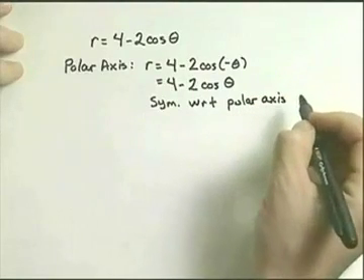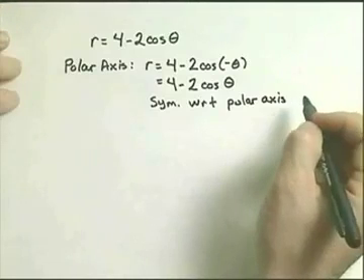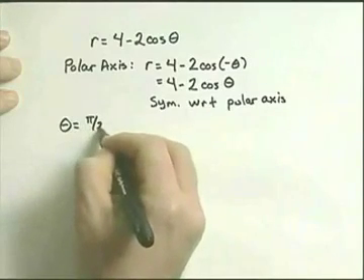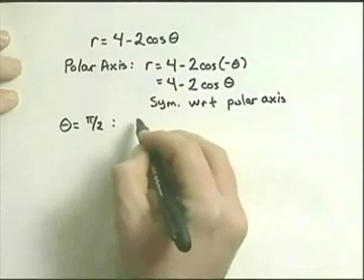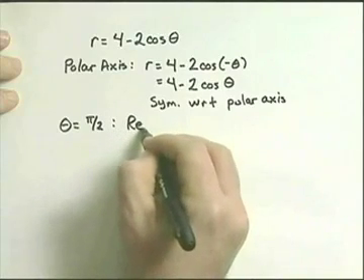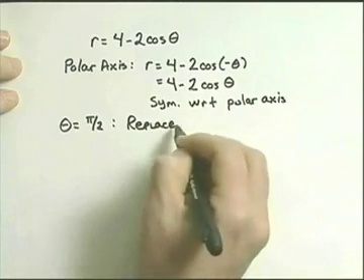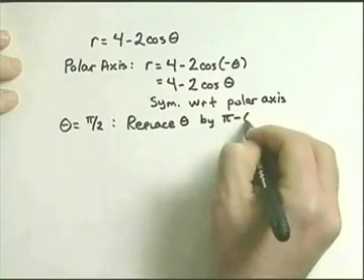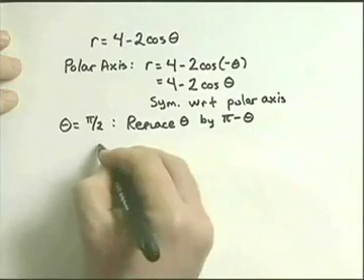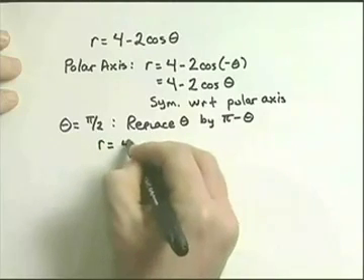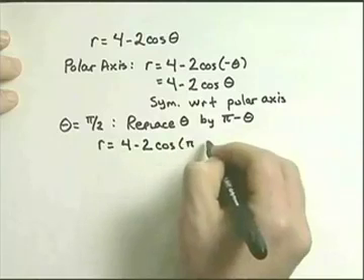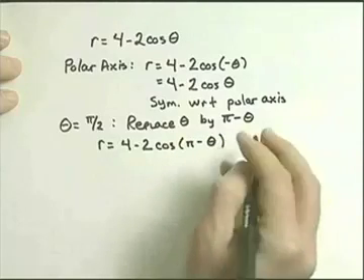Next, let's check for symmetry with respect to the line theta equals pi over 2. This is a little bit trickier because what I have to do is replace theta by pi minus theta, so that my equation becomes r equals 4 minus 2 cosine of pi minus theta.